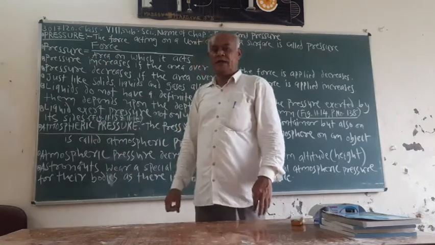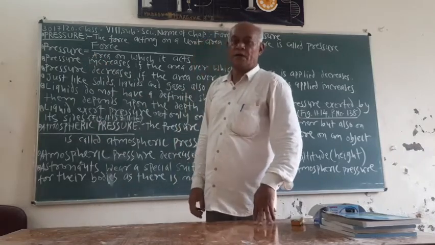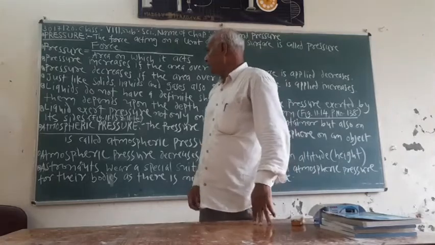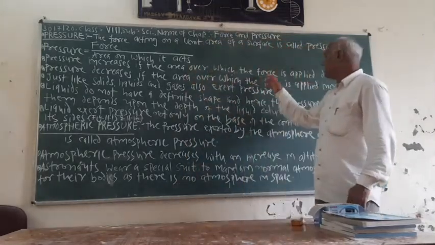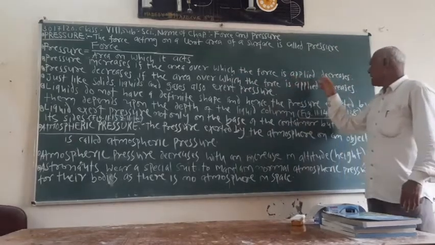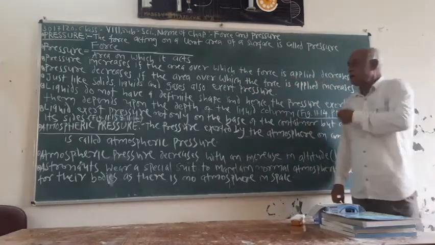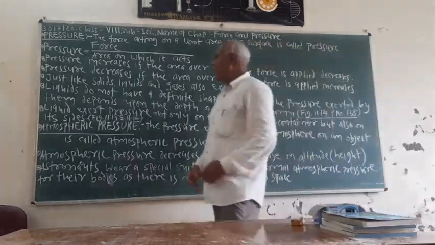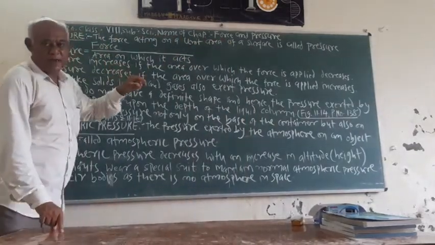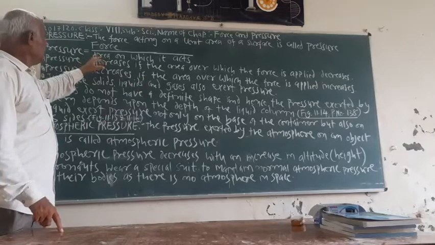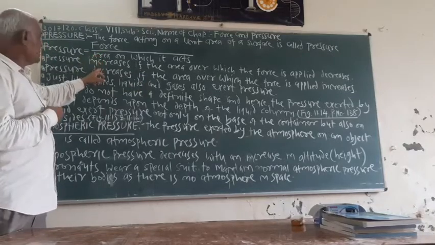Pressure is nothing but force upon area. Pressure increases if the area over which the force is applied decreases. It means pressure and area are inversely proportional to each other.